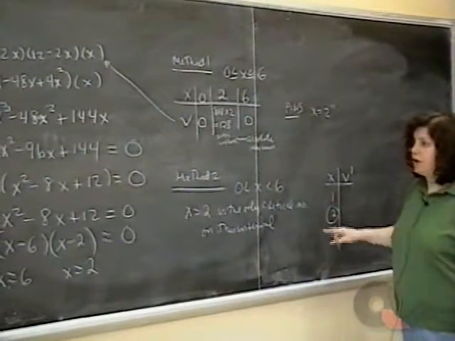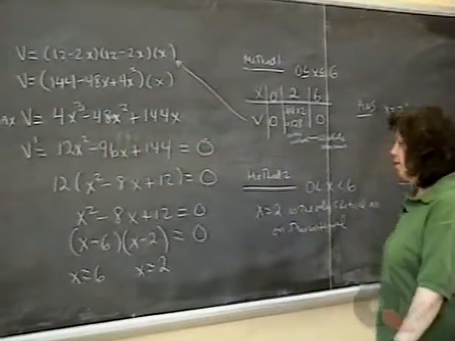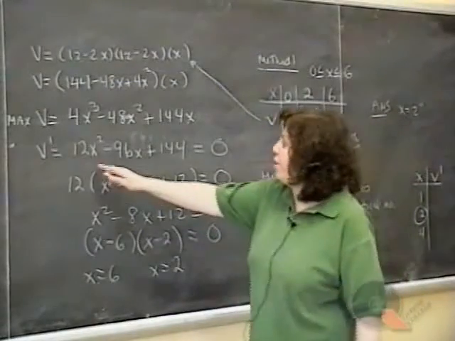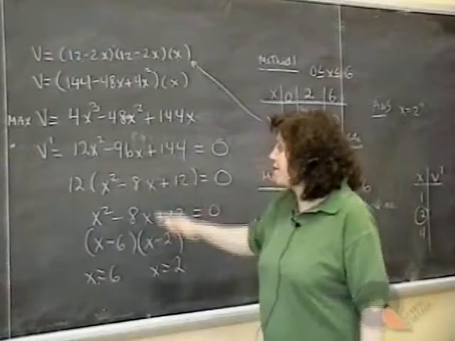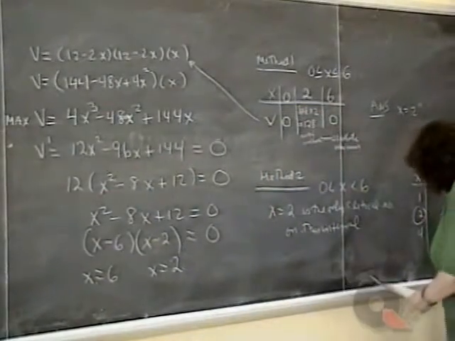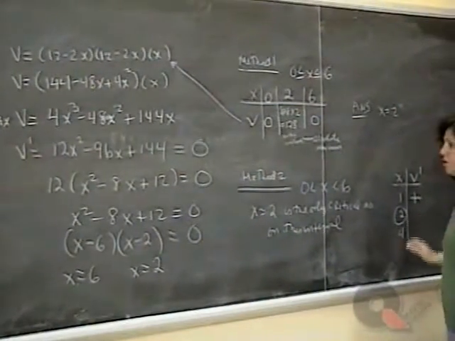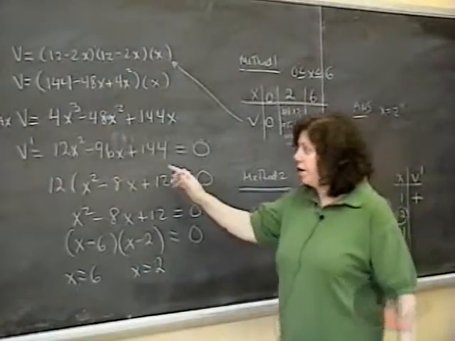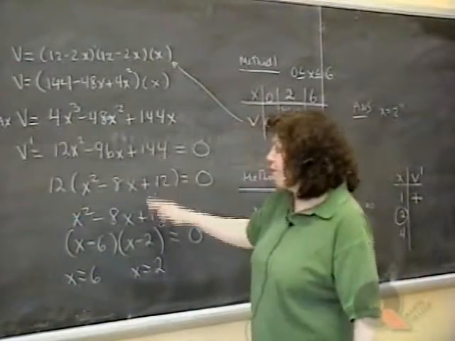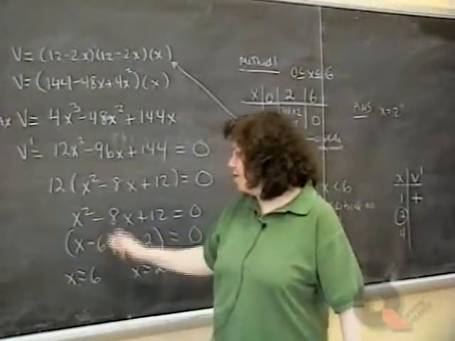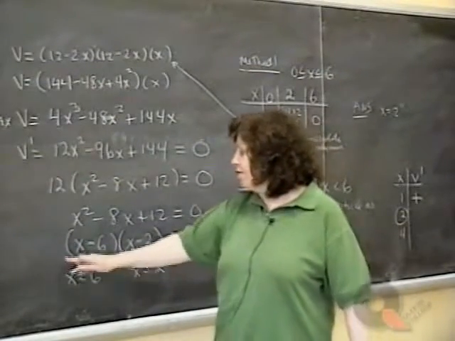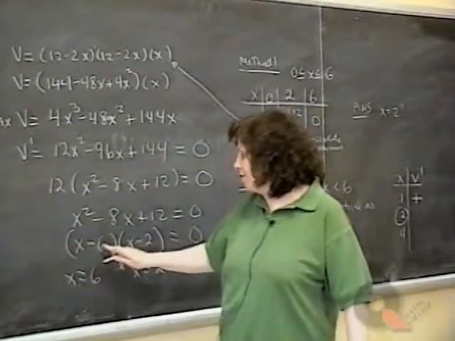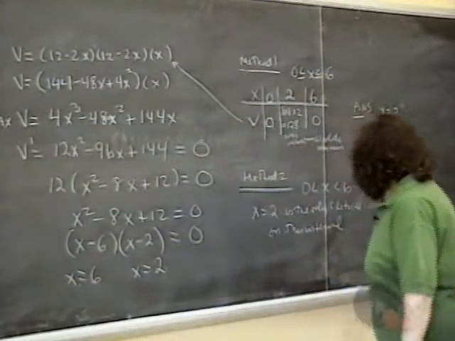If you substitute in 1, 12 plus 144 minus 96, it's certainly going to be positive. If you substitute in 4, and you can, in fact, use the factored form 12 times x minus 6 times x minus 2 to see with positive times negative times positive, the product would be negative.